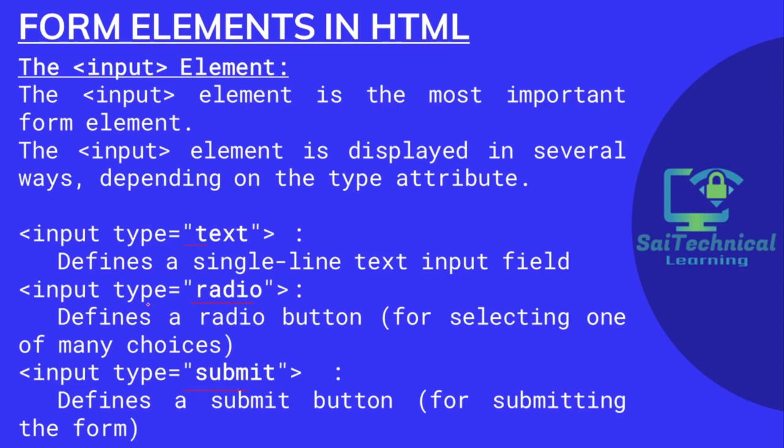When we use input type equals to text, it defines a single-line text input field. Similarly, input type equals to radio defines a radio button, for selecting one of many choices. And type equals to submit defines the submit button for submitting the content of the form.